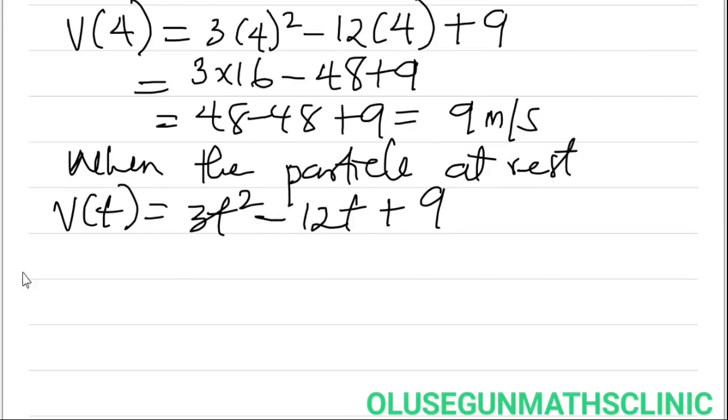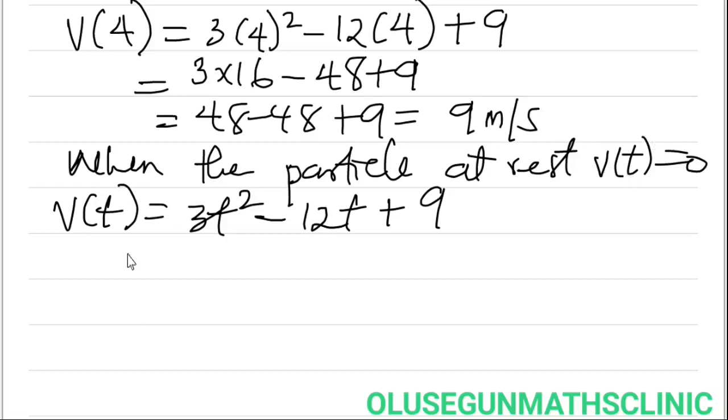At rest, v of t is equal to 0. That's just the meaning, because there is no movement. At rest, there is no velocity, so the velocity is 0.